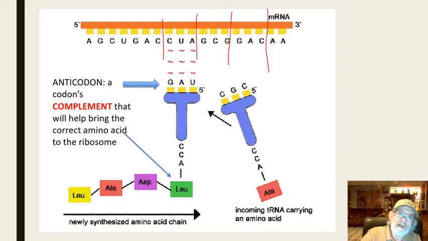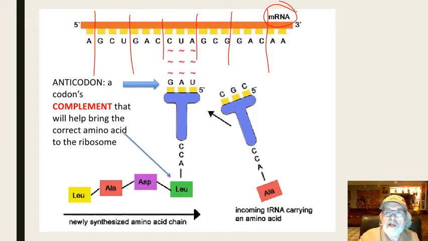Here's another codon. Here's another codon, because this is my messenger RNA here. Here's another codon. So if we were looking at this, what would be my anticodon? Well, obviously we'd see cytosine and guanine, uracil and adenine and uracil. So this is my anticodon. This is my code. This is the codon here. The anticodon.